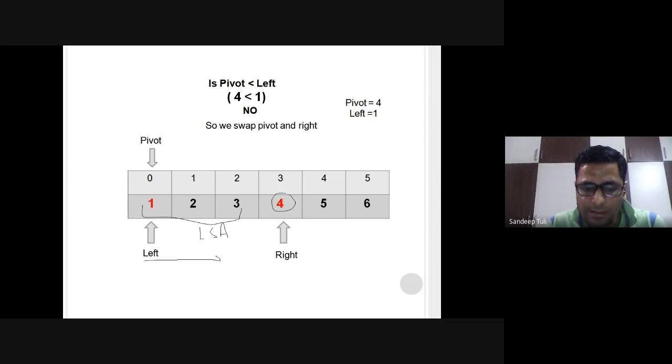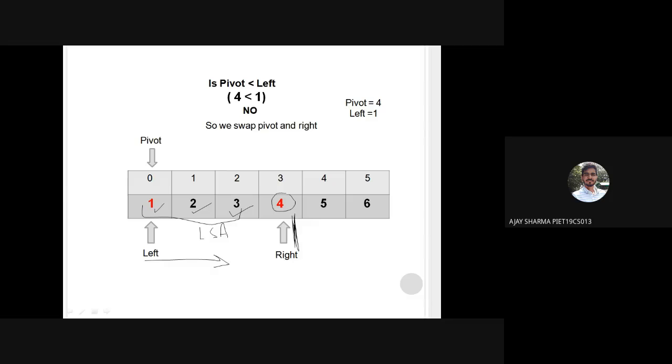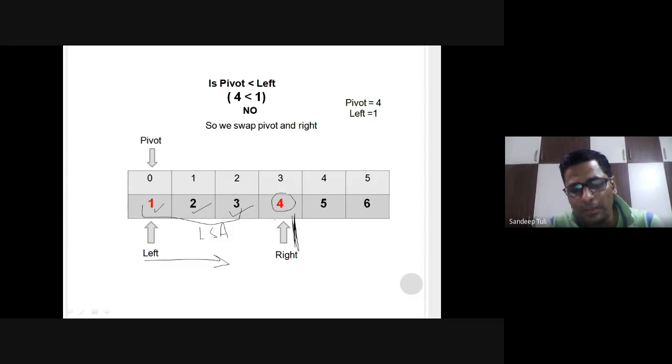I found that 1 is less than 4, no swapping. 2 is less than 4, no swapping. 3 is less than 4, no swapping. So where did left go now? Moving left and right, where did it go? To position minus 1, and ultimately to the pivot position. Ultimately left and right become equal, so we stopped our swapping here. So now I can say only one sub array is there. Is it okay?